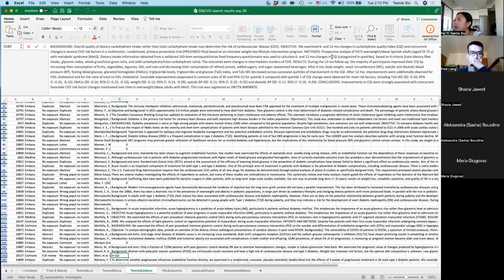Yeah, so CQI does include glycemic index in it, but I remember it doesn't give glycemic index as one of the main exposures.